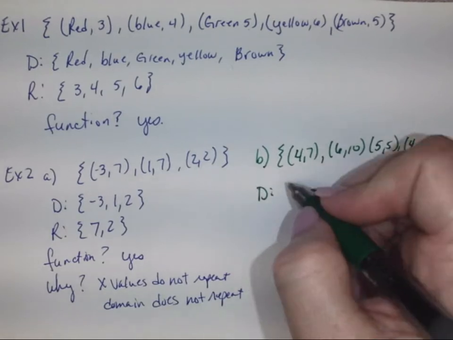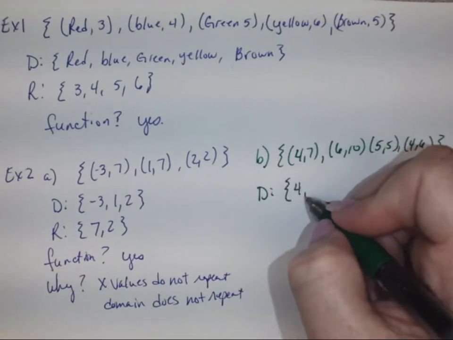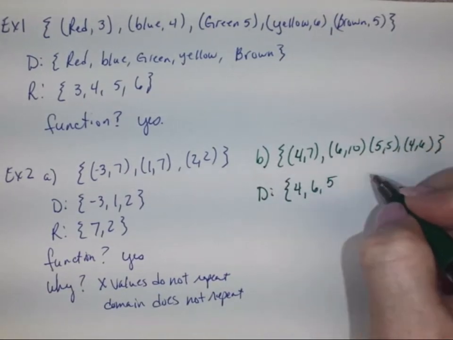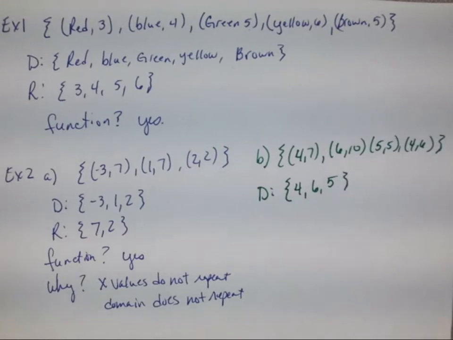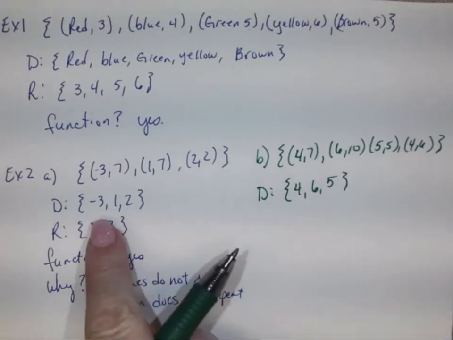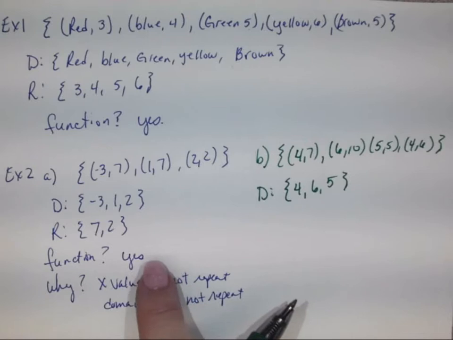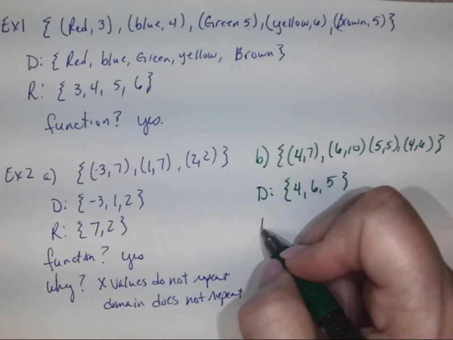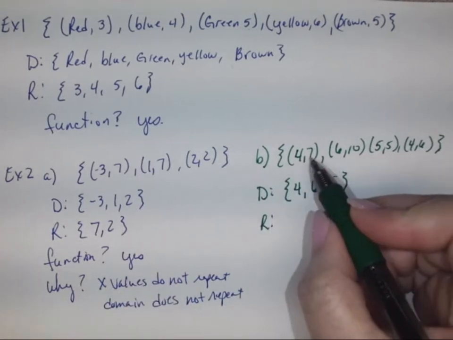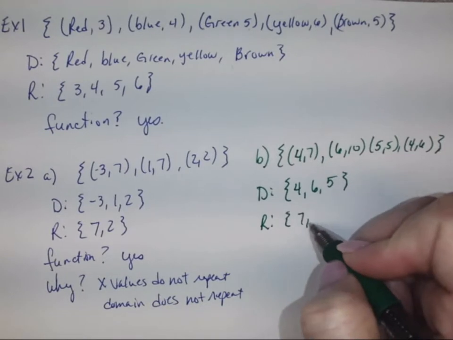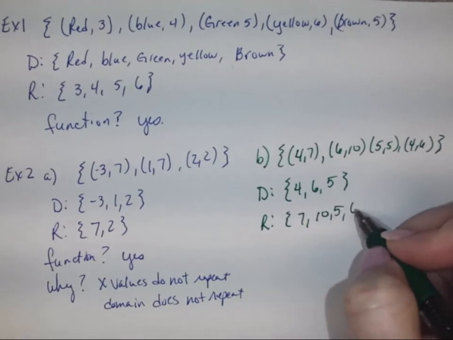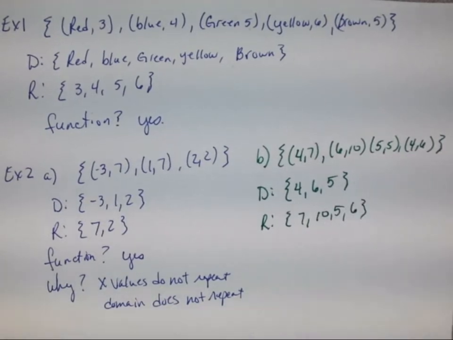The domain is going to be our x values. So we have 4, 6, 5, and we have another 4. Notice I'm not putting these necessarily in numerical order. You can if you want to, but it's not important. And then for our range, we have 7, 10, 5, and 6.